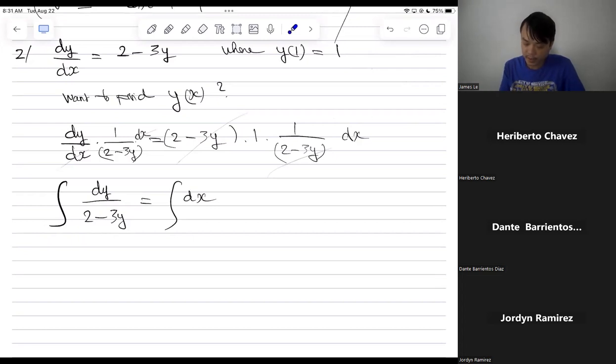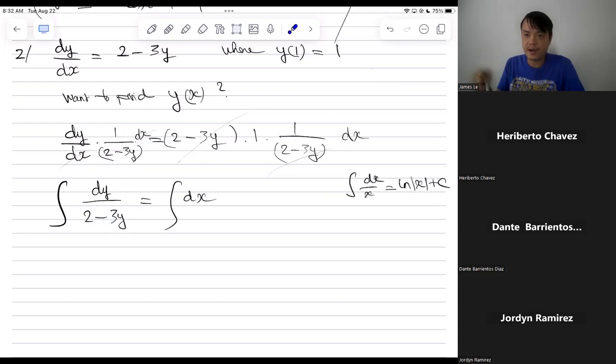This one is degree 1, right? So we can use this formula. But the coefficient right here is -3, right?